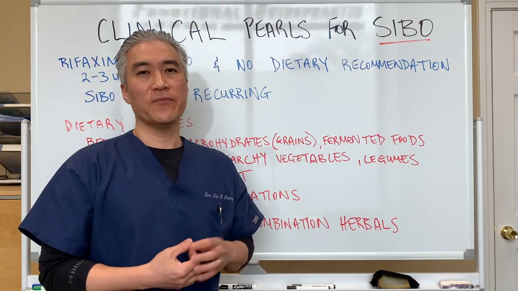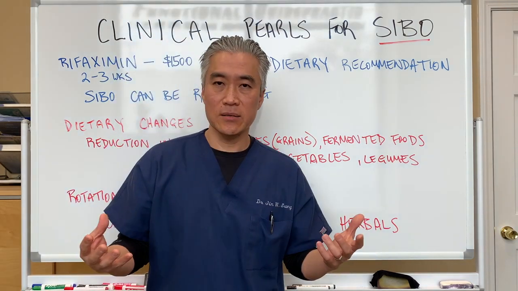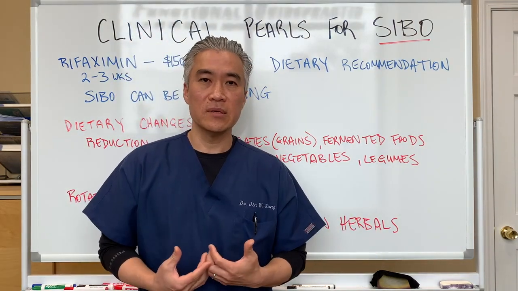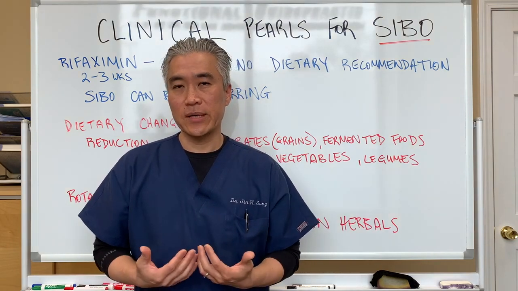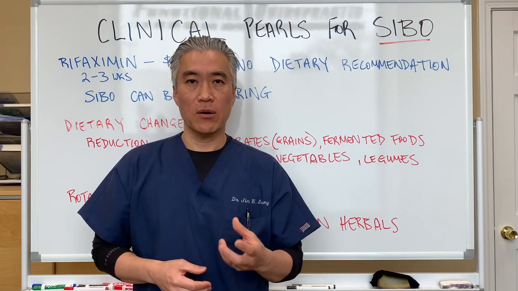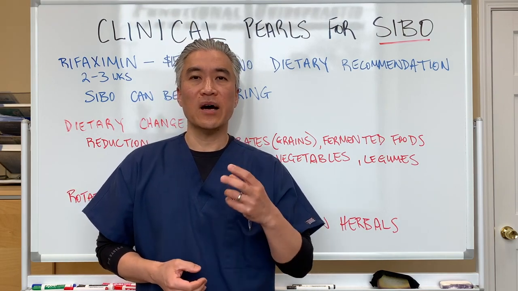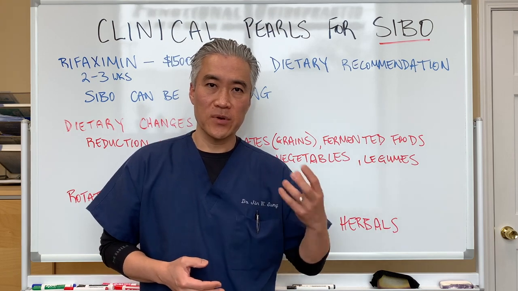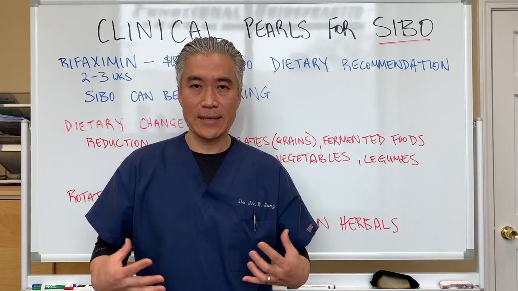SIBO patients in our office can be very easy or very difficult because it can be recurring. Other factors, not just food, can play a role, right? People who have concussions, one of the first things that can happen is leaky gut.